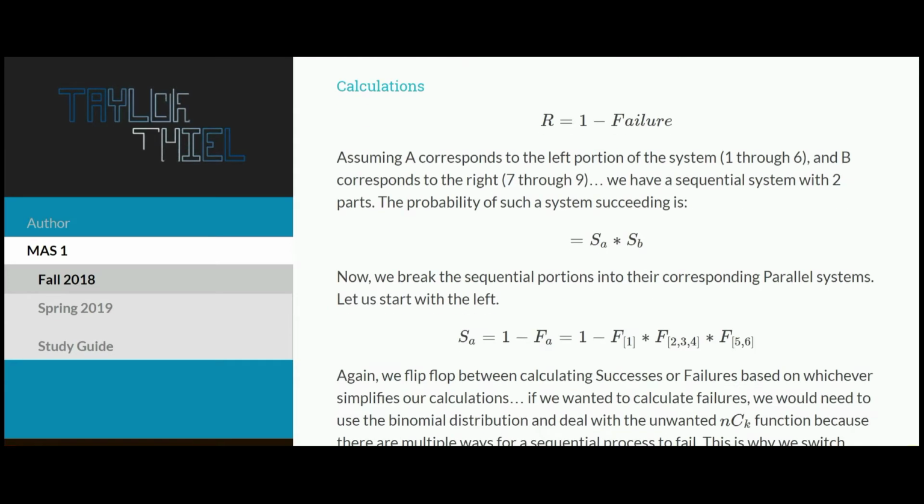With that, we can jump right into it. Reliability questions, at least as far as the level of complexity that arises in MAS1 questions, are pretty standard. I know the Coaching Actuaries formula sheet has a ton of reliability formulas, but to me what's most important is that you understand the terms.